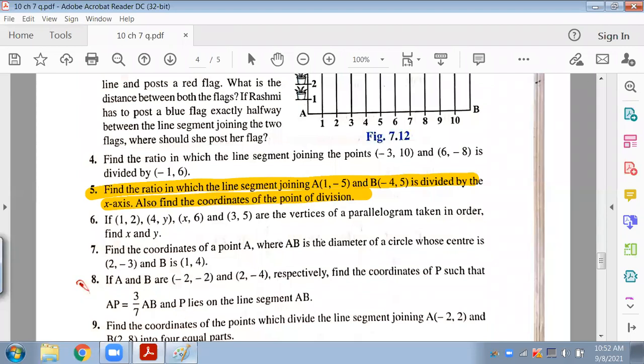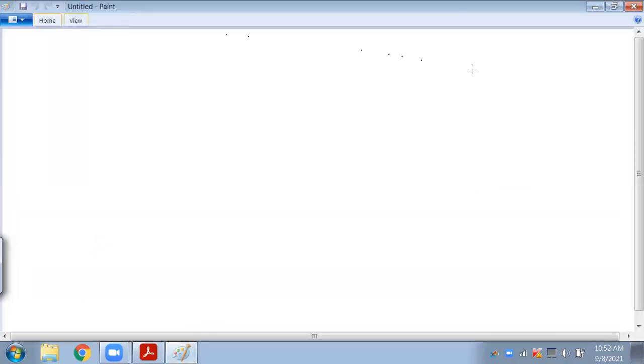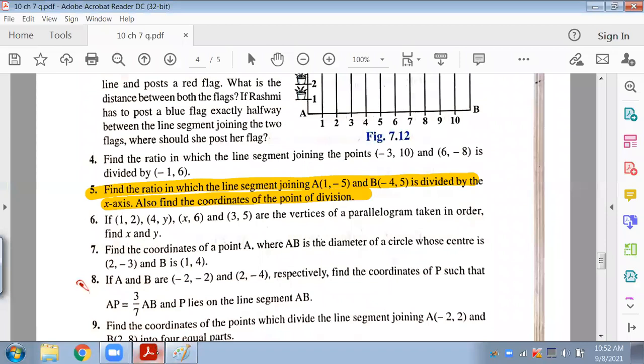Okay, so you have to find the ratio in which the line segment joining the point A and B is divided.